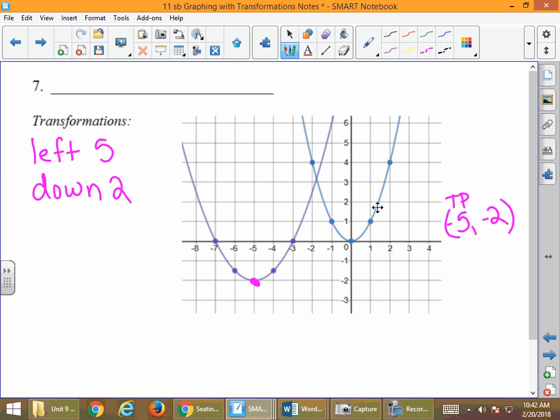We do not see an upside down parabola or quadratic, so we don't have a reflection. But do we have a vertical stretch or a vertical compression? And as we look, we start at the vertex, we went 1 space to the right, but did we go 1 up? No, we only went a part way up. So we're going to have a vertical compression.